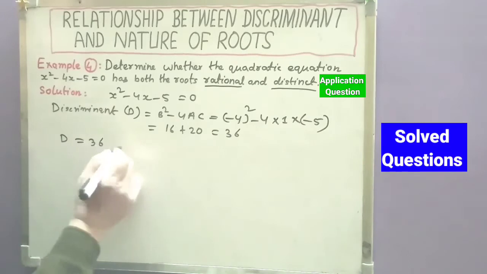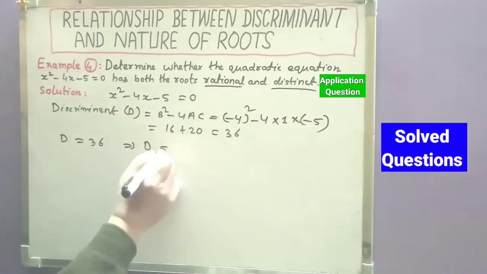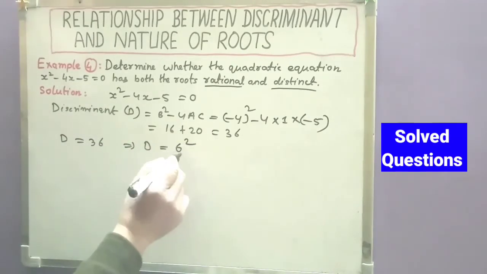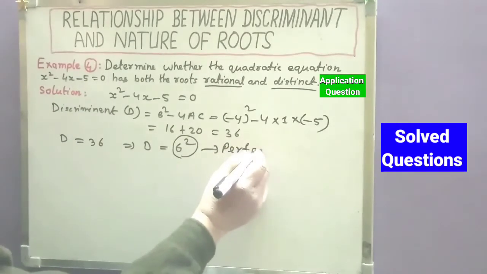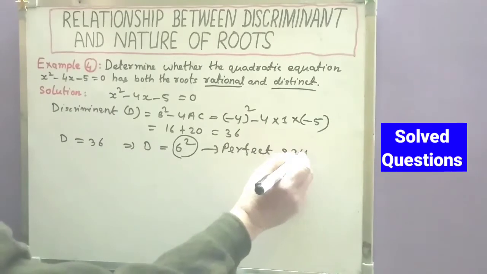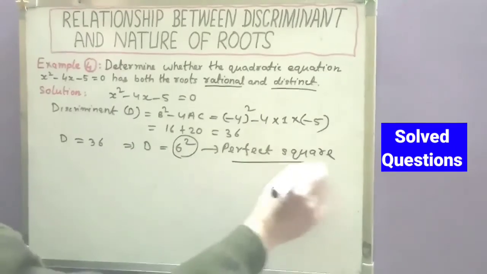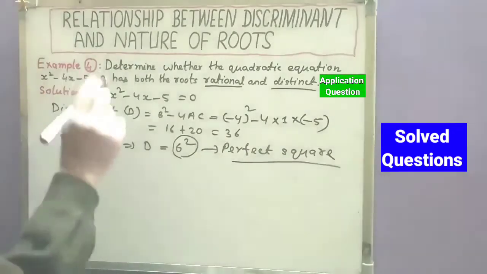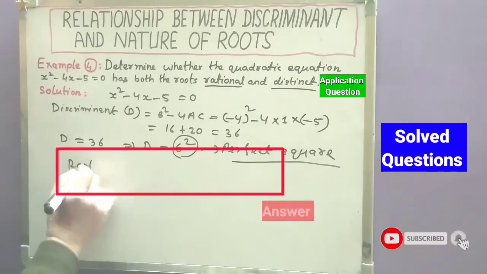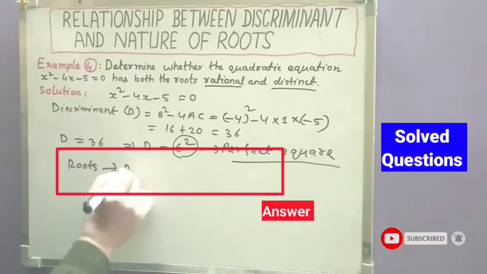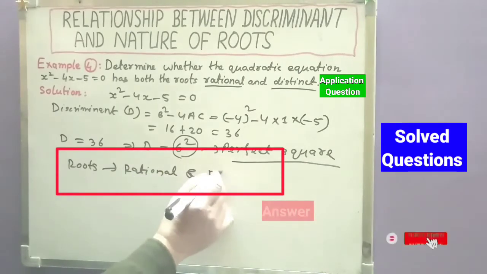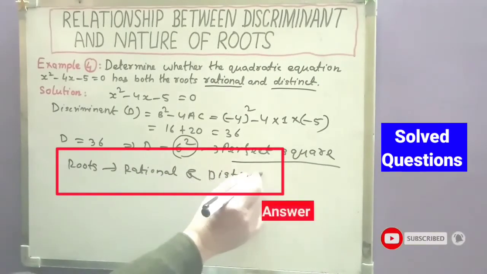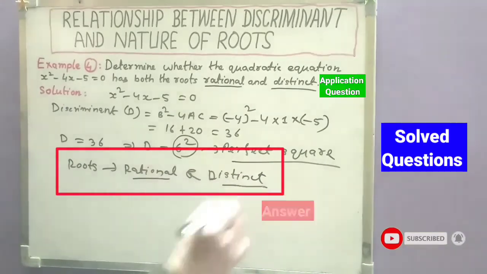Since d equal to 36 is a perfect square, because 6 square equal to 36, the roots of this quadratic equation are rational and distinct. That's your answer.